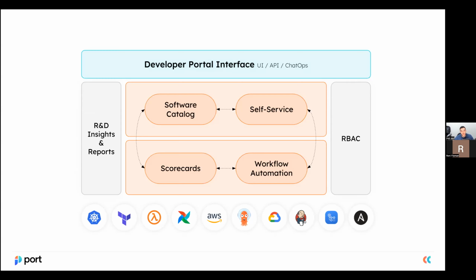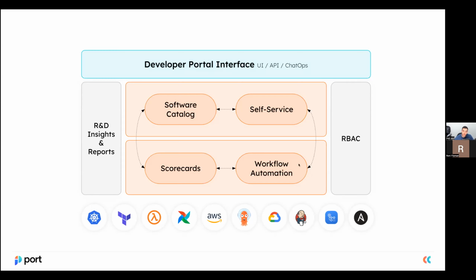We want to give developers more independence and reduce the need for Slack messages and emails and requests, or just finding the nearest DevOps engineer in the hallway to ask for some mundane task that you've probably asked for a bunch of times, and the DevOps already have that ready-made script that they just need to press execute on. We want to save you that trouble and give you the way to invoke that script on your own without understanding too much what's going on in the background or maybe the exact configuration that you need to go with. We want to give you that golden path to gain more independence in the R&D infrastructure.